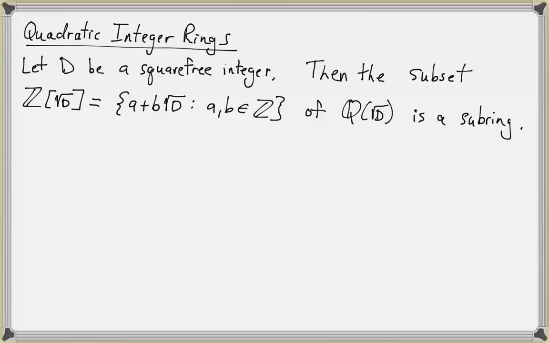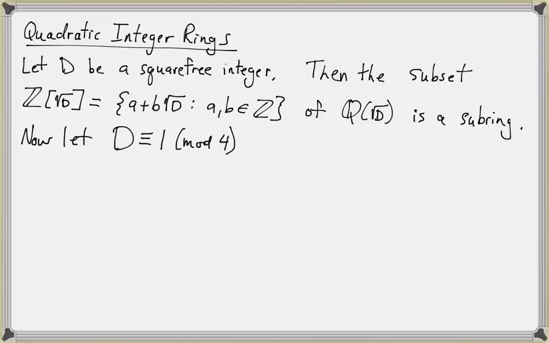Now we're going to look at a specific type of integer D. Now let capital D be congruent to 1 mod 4. So these are any square-free integers that are 1 mod 4, for example, 5 or -3. So D can be positive or negative.